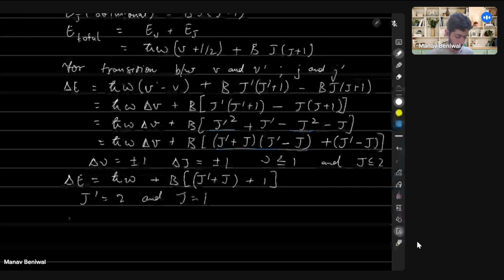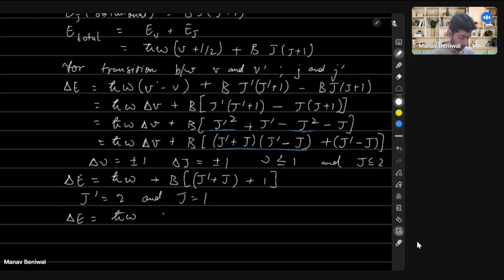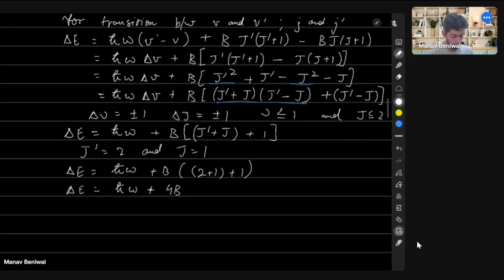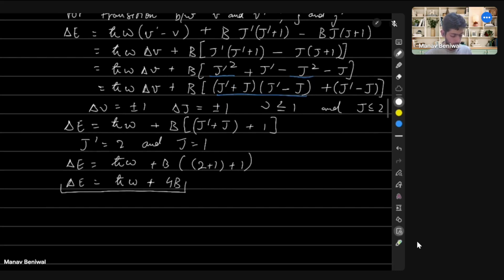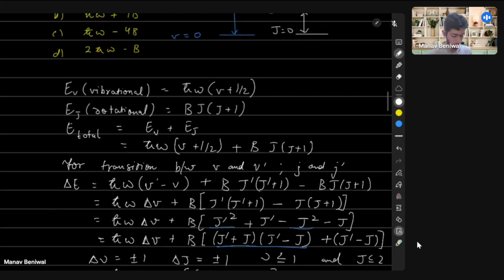This gives delta E as h cut omega plus B times (2 plus 1 plus 1), or h cut omega plus 4B. So which is option B.